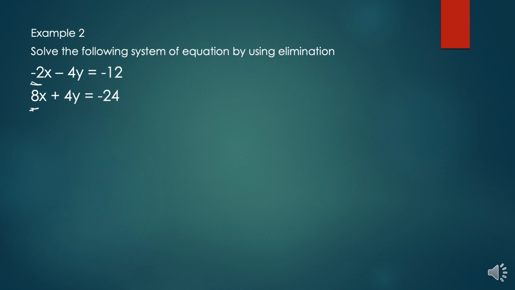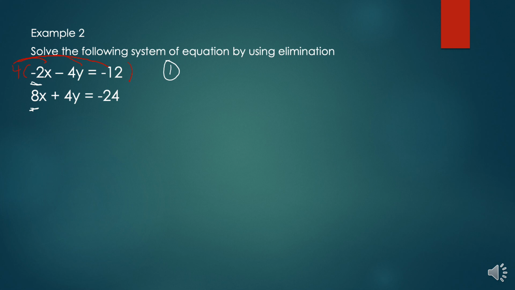And so what number can you multiply the 2 to turn it into 8? So with that being said, I know I can multiply this by 4 to give me negative 8. But when you multiply, you gotta make sure you multiply every term in there, just on that one equation. So that way you can eliminate it. So this is technically step 1.